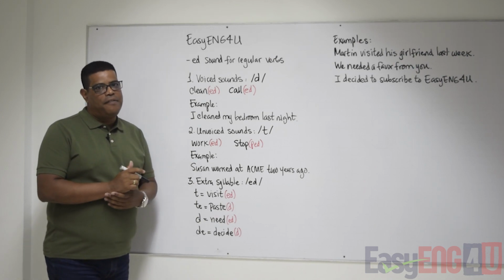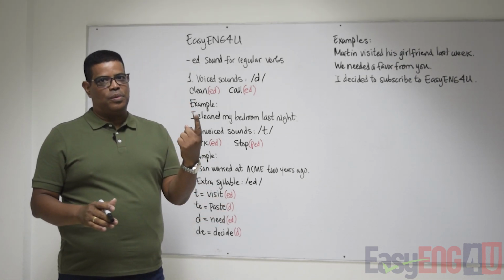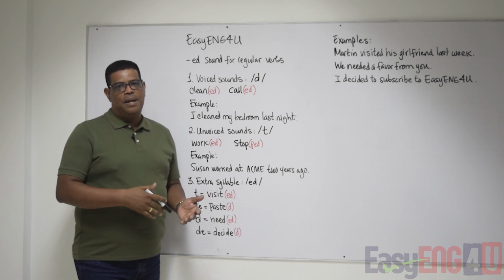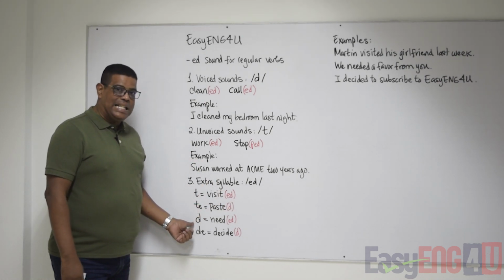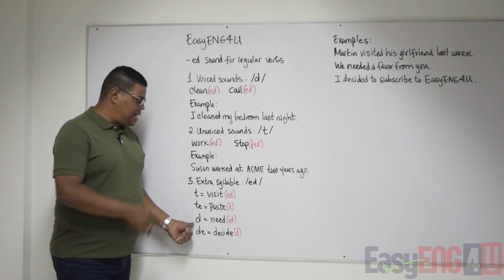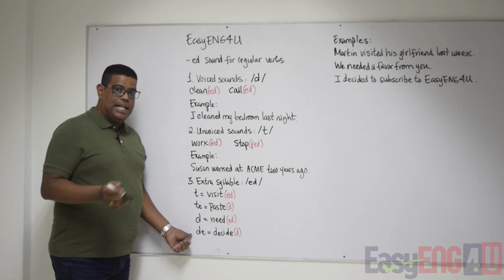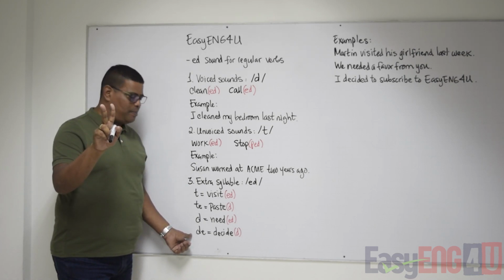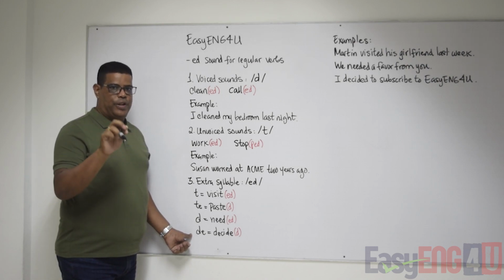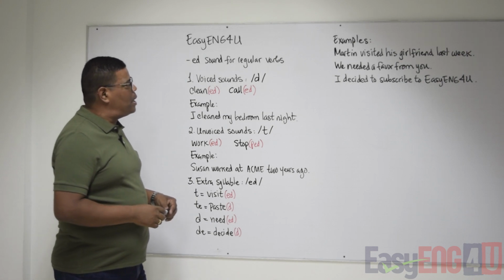It doesn't have 2. It's paste, 1 syllable. Extra syllable means pasted. It ends with 2. Need, 1, and the extra meaning 2. Needed. DE, decide. Okay? 2 syllables. Ending with 3. Decided.